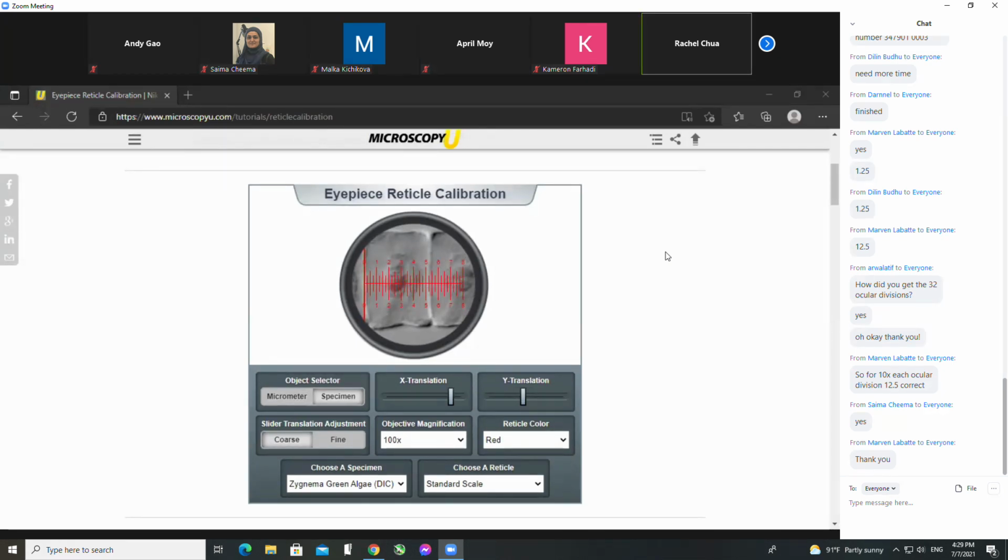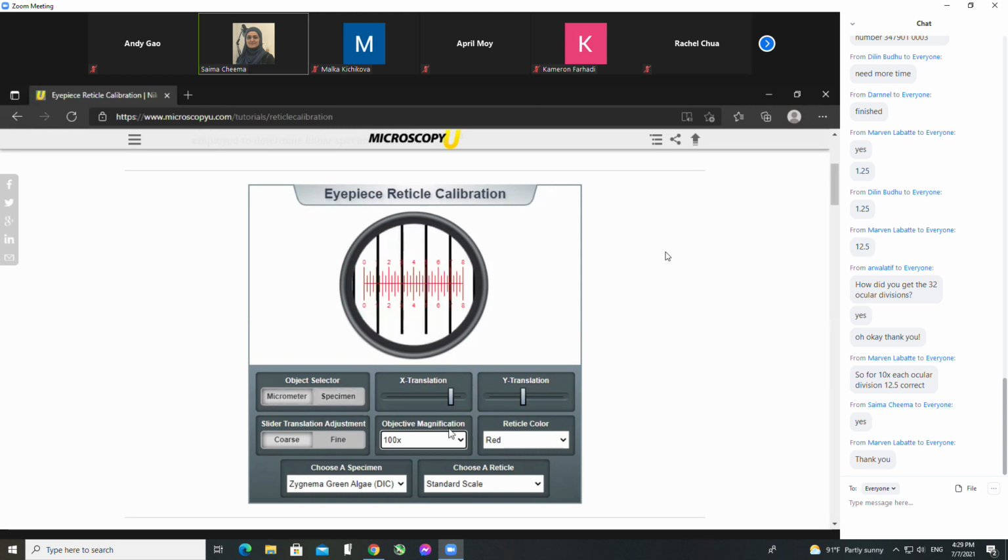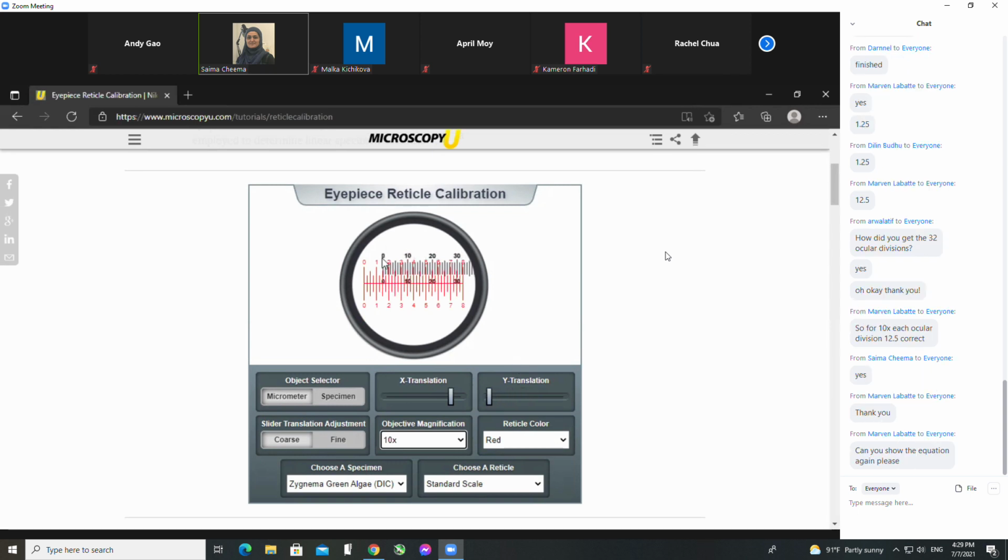Professor, can I ask you one more thing? Of course. For the formula you just gave, the stage micrometer you said is 1 mm over 100. So the 100 comes from 10x times 10x, right? Oh no. It's coming from, look, when you look at the micrometer under 10x, notice it starts at 0 and it goes to 100.